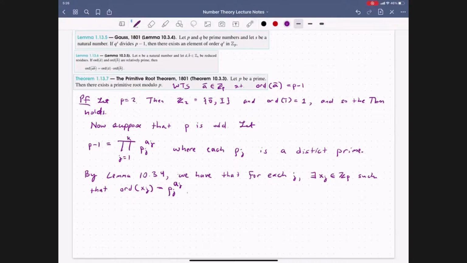But now let's go ahead and take the product of all these x_j's. So let x equal the product from j equals 1 to k of the x_j's. So this is our element, x.